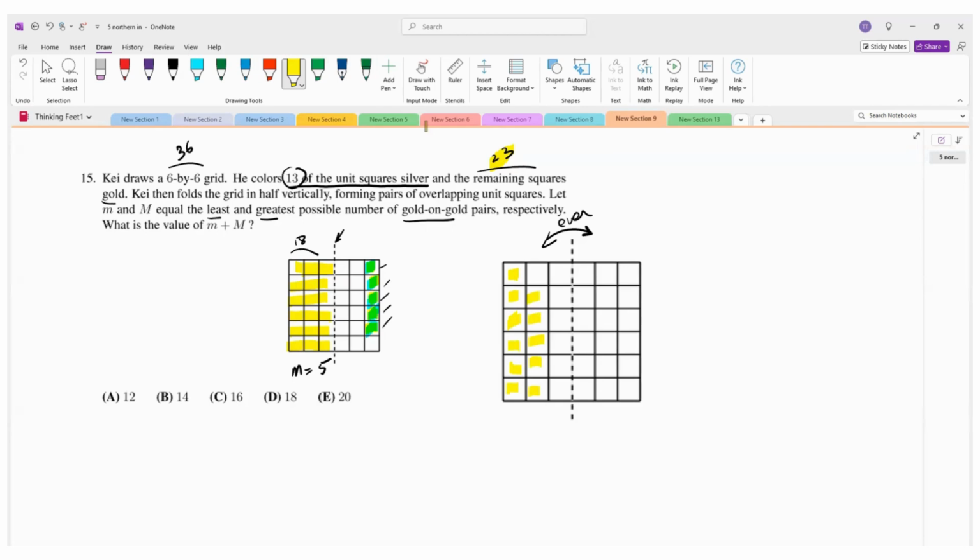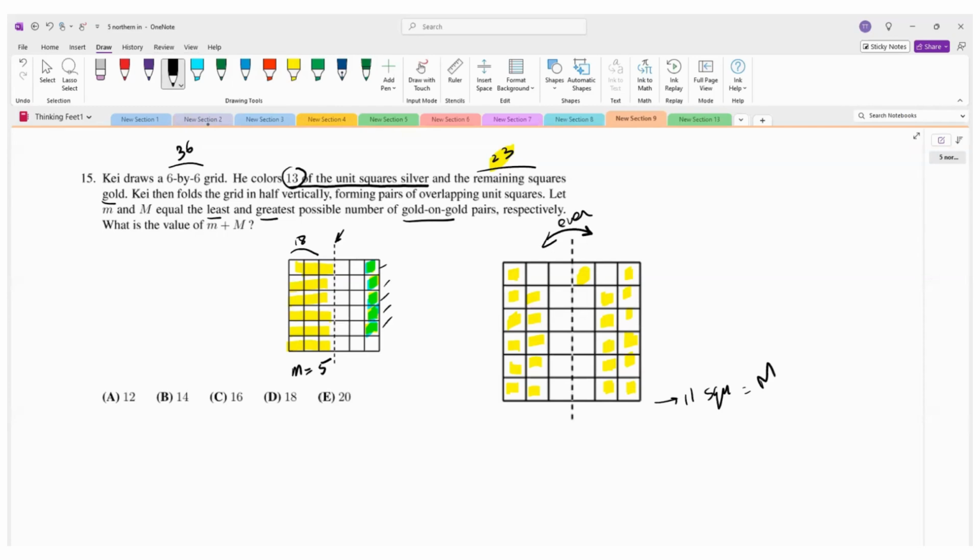You just have to make sure that on the opposite side you are symmetrical, so that when you fold, you get overlap on all those 11 squares, right? So this currently has 11 squares overlapping, right? And the 23rd square, wherever you put, it doesn't matter because that's not going to overlap. So our capital M is 11.